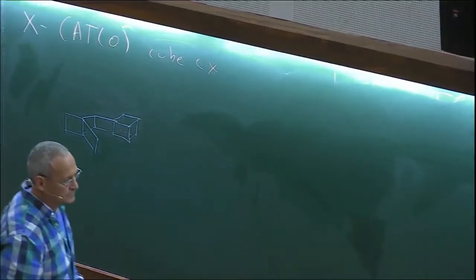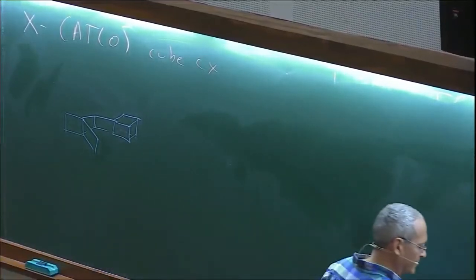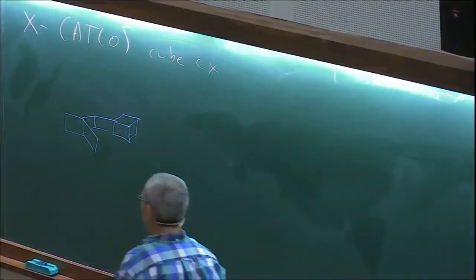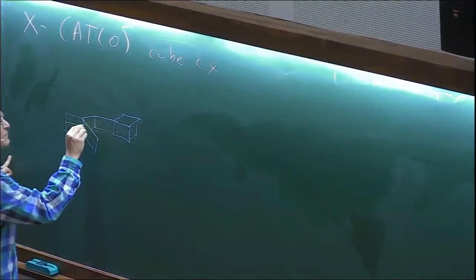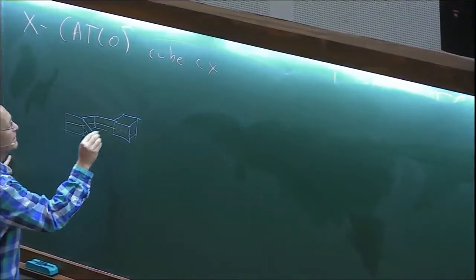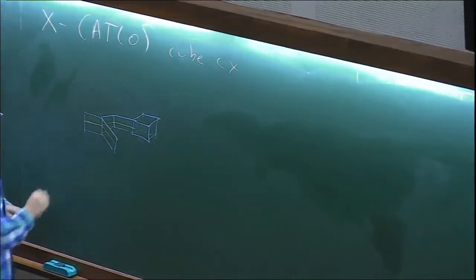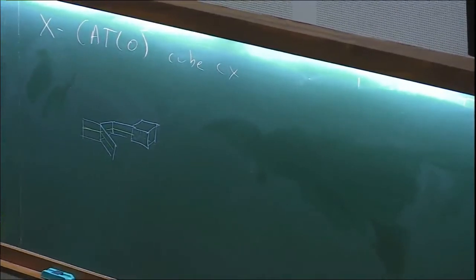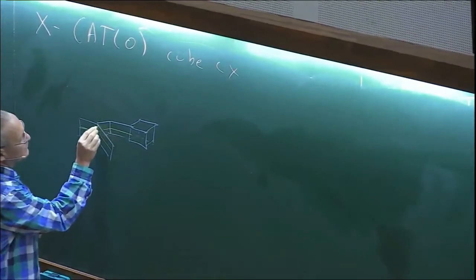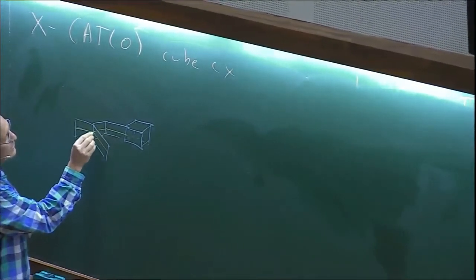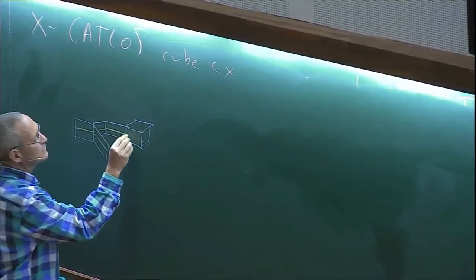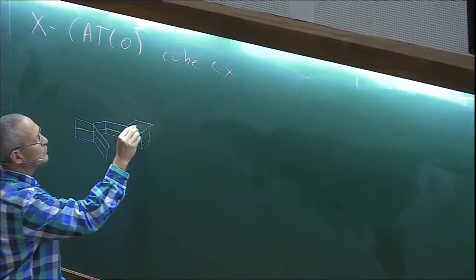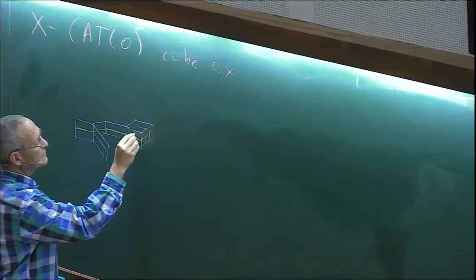Then there are these things called hyperplanes, which you can think of as taking a mid-cube of some cube, and then whenever you hit a boundary cube, you go off in all possible directions. That's the informal way to think about it.